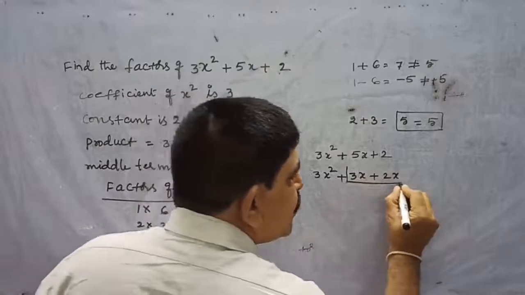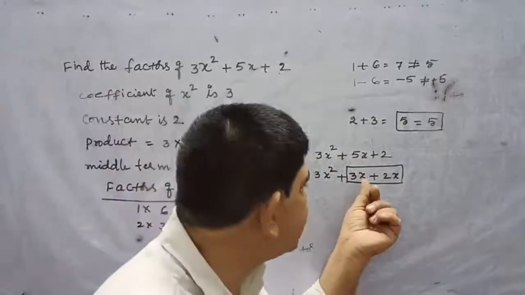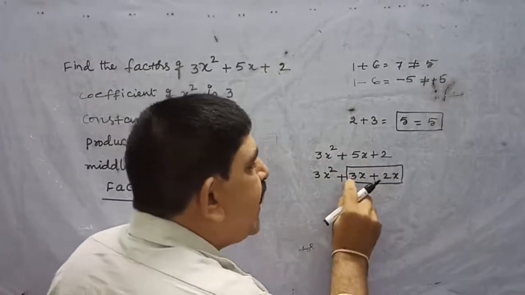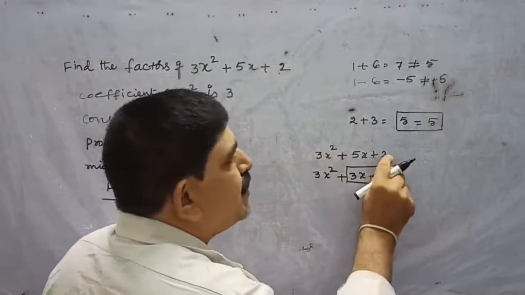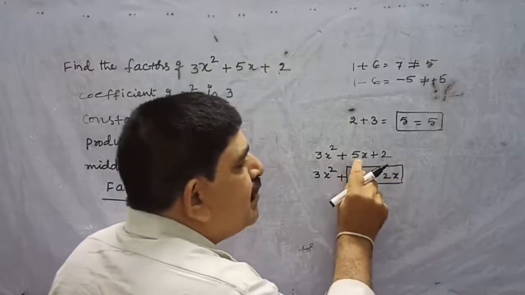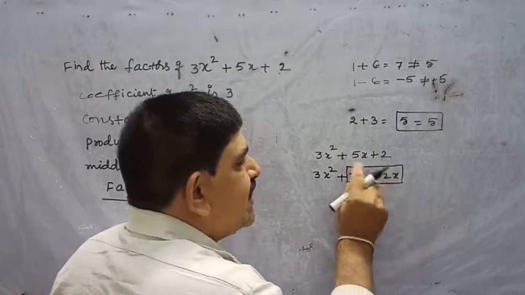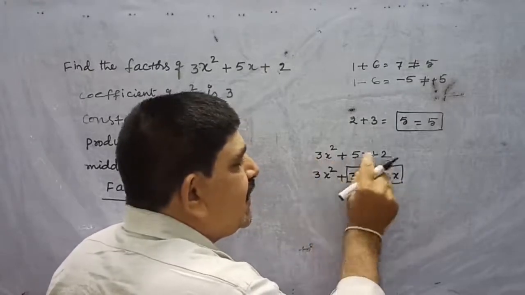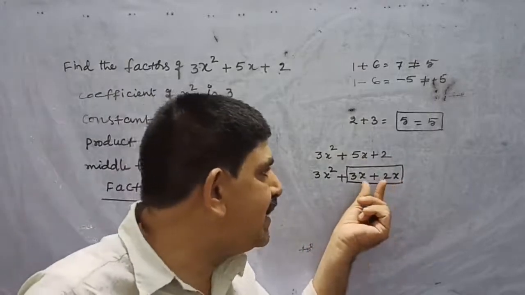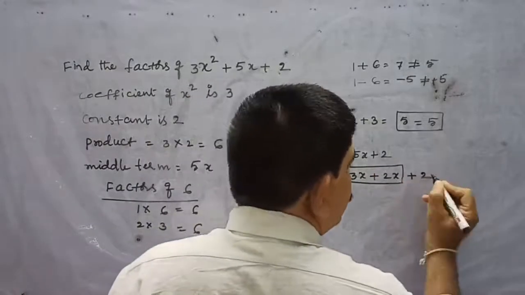See here how it is. x into x is x square. 3 twos are 6. 3x plus 2x is 5x, the middle term. So the total problem depends on the splitting of the factors. Plus 2.